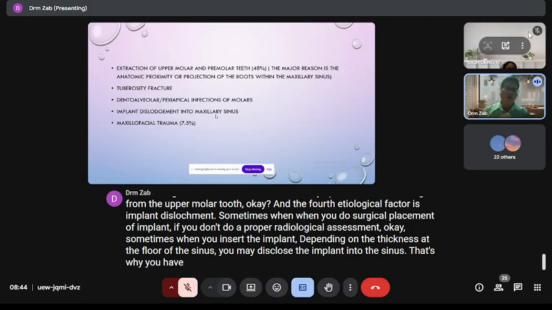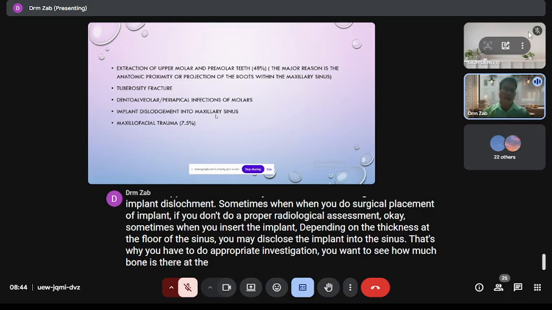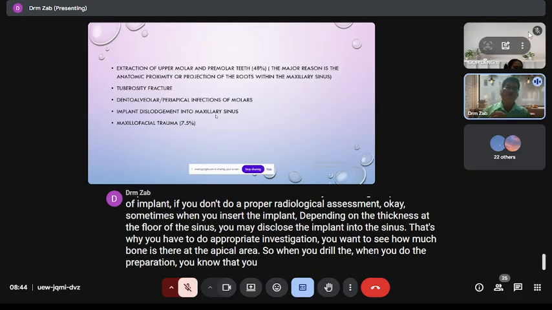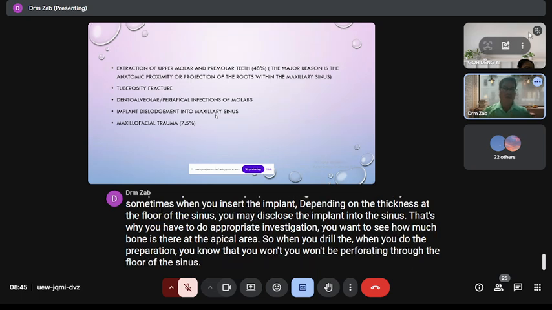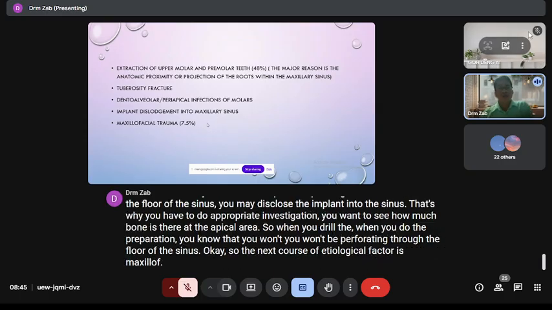That's why you have to do a proper investigation. You want to see how much bone is there at the apical area. So when you drill, when you do the preparation, you know that you won't be perforating through the floor of the sinus. Okay. So the next etiological factor is maxillofacial trauma.